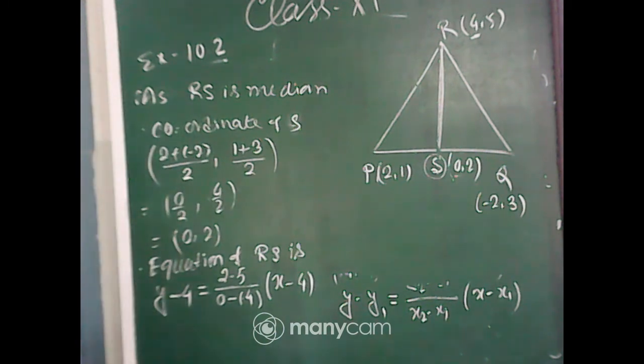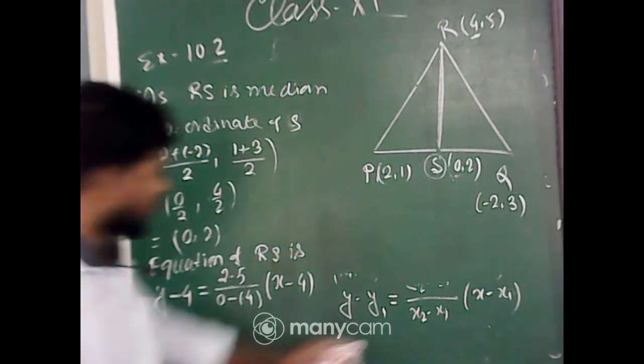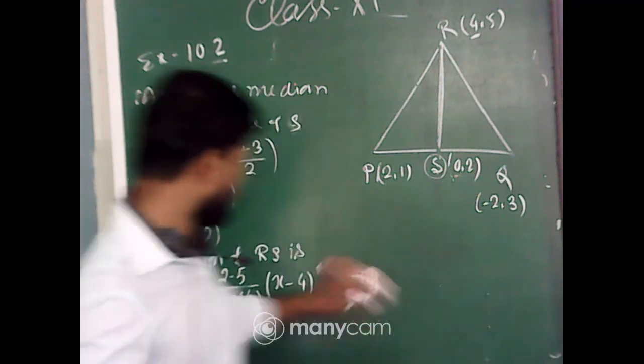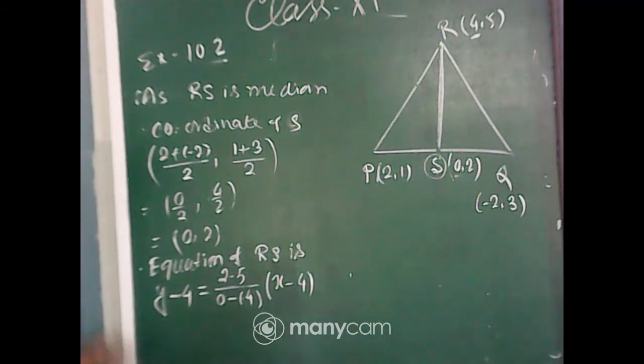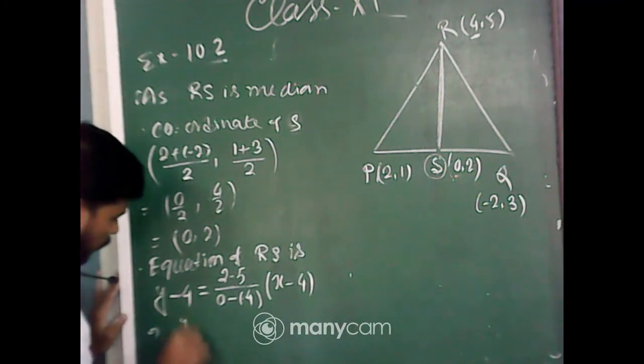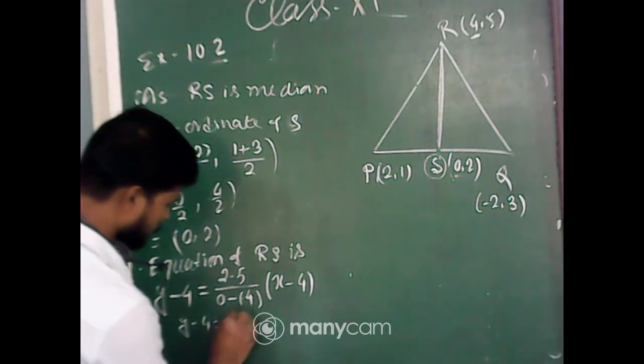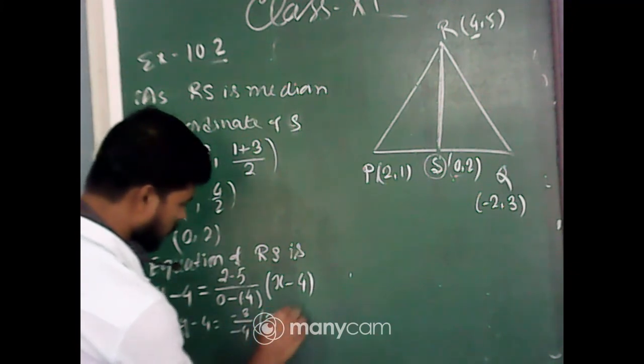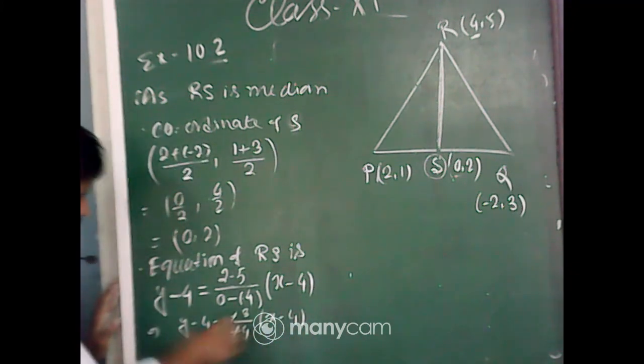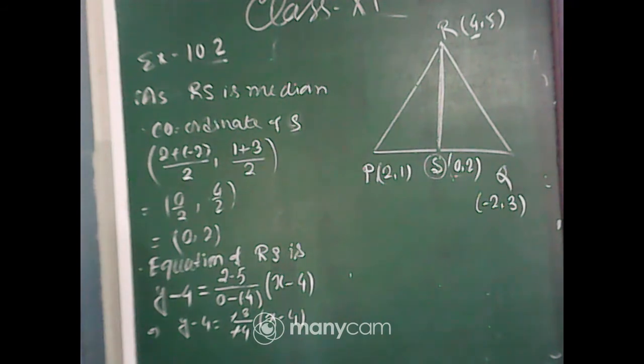Now if I simplify this equation, we have the equation of the line. So let's simplify it. That means y minus 4 is equal to minus 3 by minus 4 into (x minus 4). Now this minus and this minus will cancel each other.